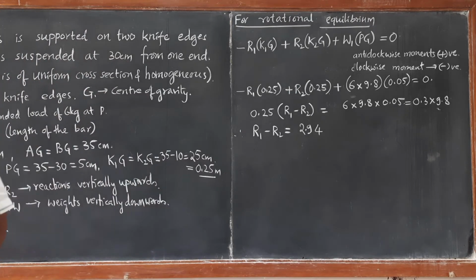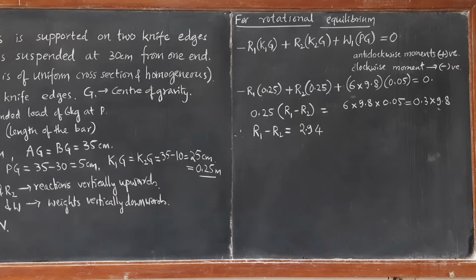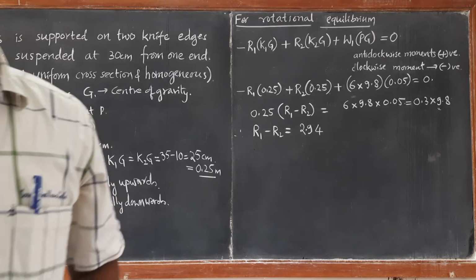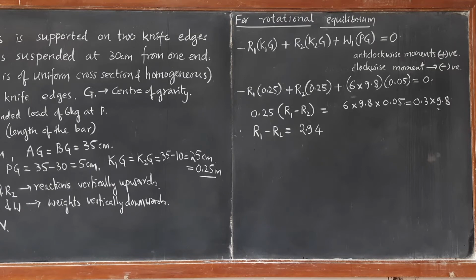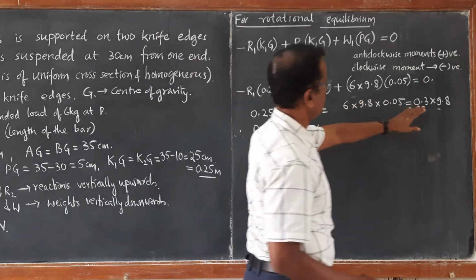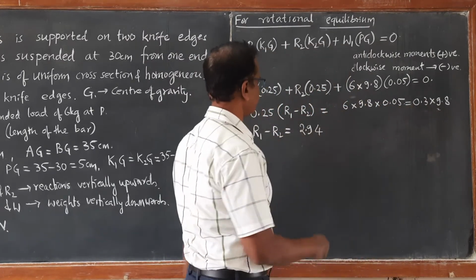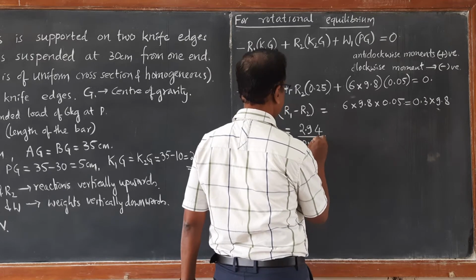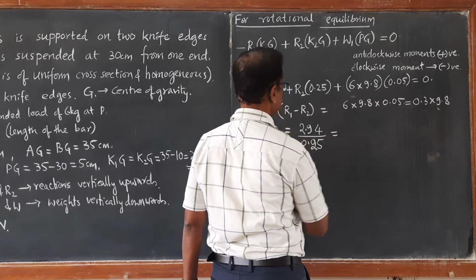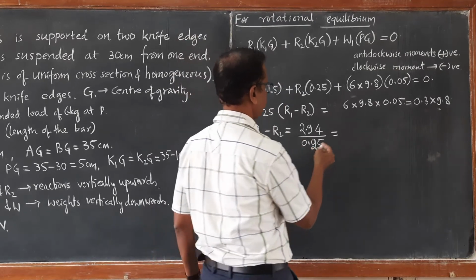So R1 plus R2 we got, R1 minus R2 we got, with the help of which we can calculate the value of the reactions R1 and R2. So R1 minus R2 is equal to 0.3 into 9.8 whole divided by 0.25. If you simplify this, 295 divided by 25.